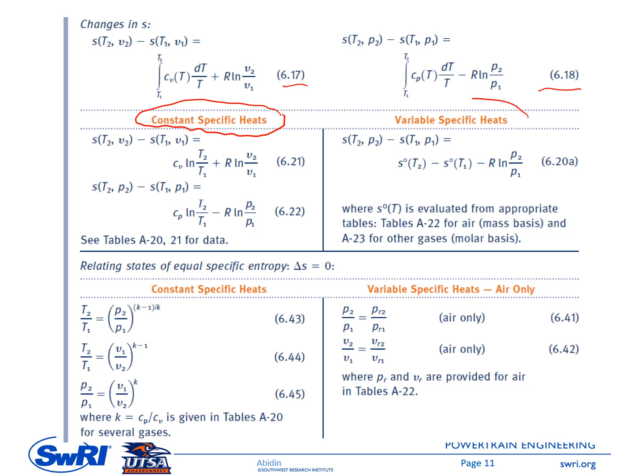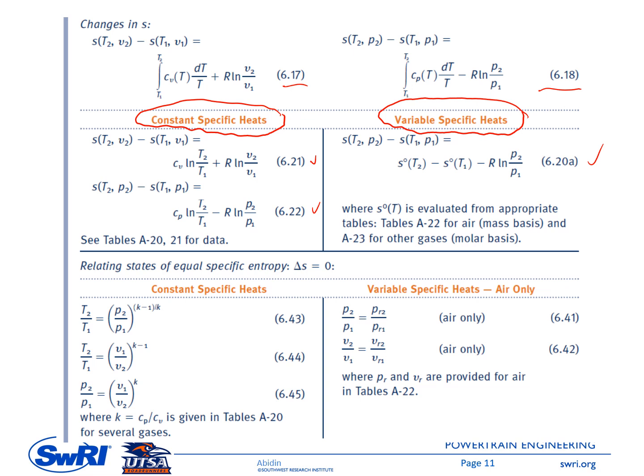On the right side is in case the specific heats are not constant. So we have equation 6.21 and 6.22, or we use equation 6.20a to get the change in entropy for variable specific heats. And if you check the equation sheets in the blackboard, I include all of these formulas there, okay.